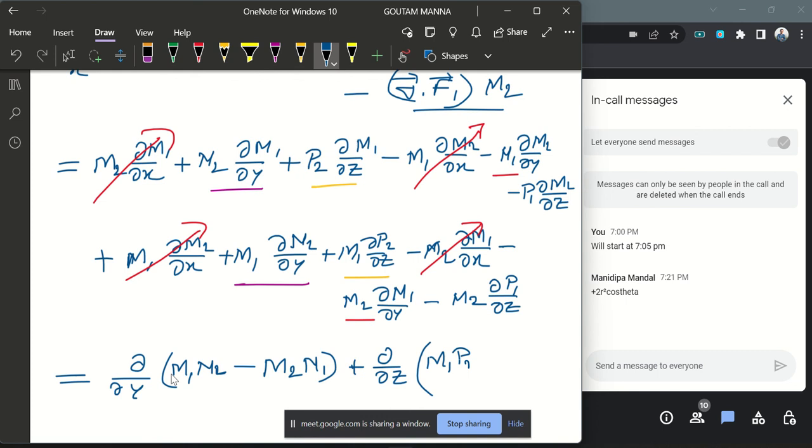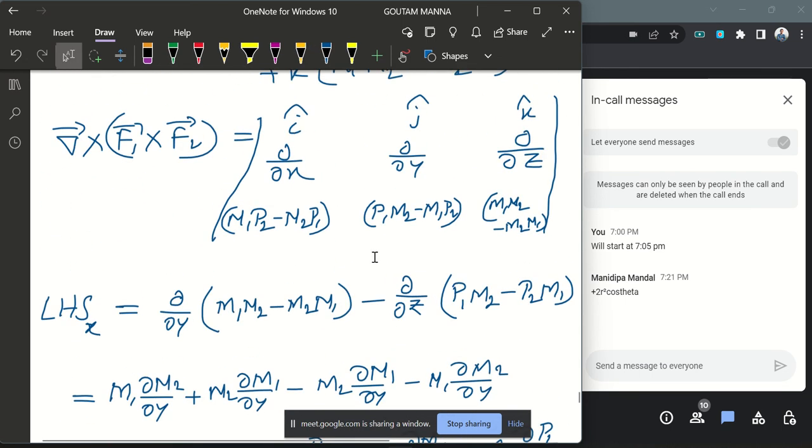So M1 P2 minus, and plus, there are these two terms, so it will be del z of minus P1 N2.